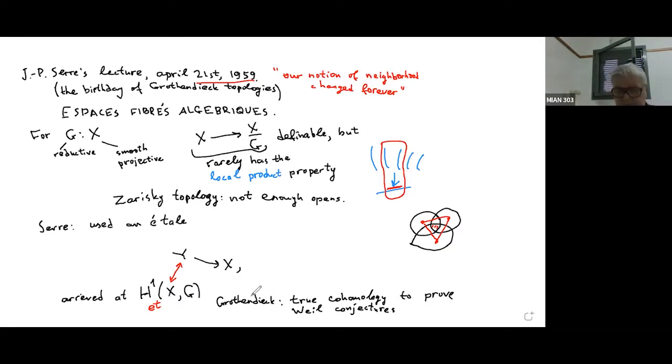So it was his idea, as I have told, it was 10 years after the conjectures were formulated.